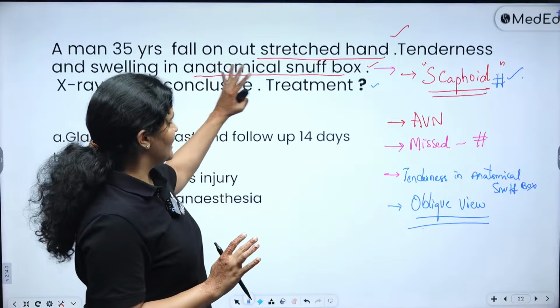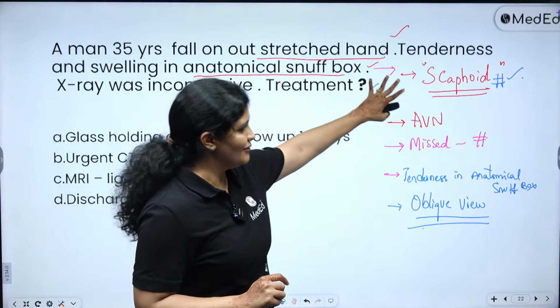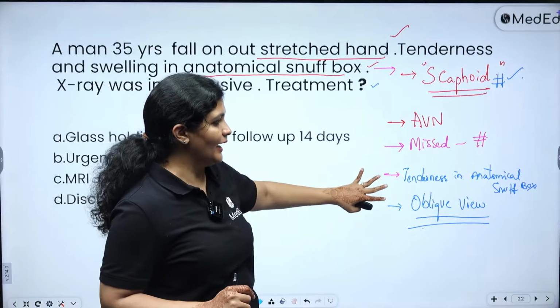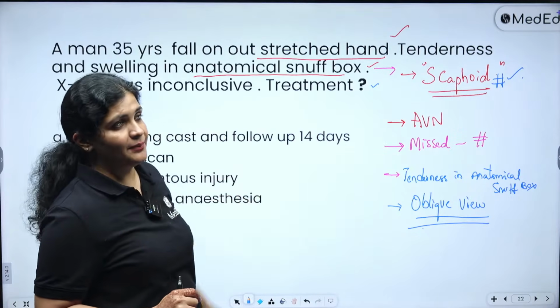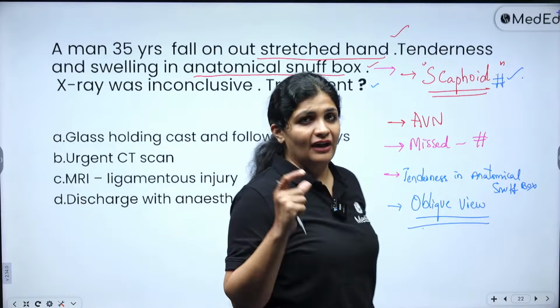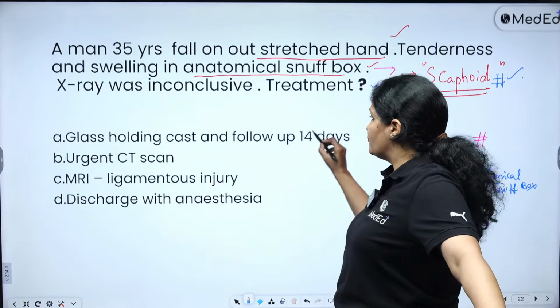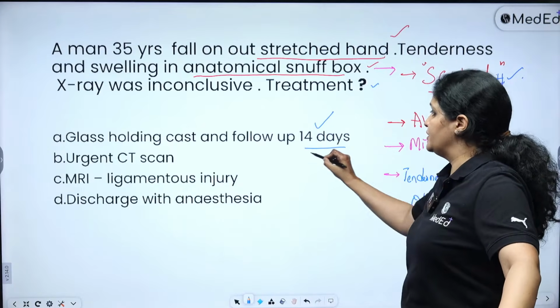Whenever there is a tenderness in the anatomical snuff box, you have to think of scaphoid fracture. And because the X-ray is not showing anything, what you have to do is put a cast, treating it as a fracture, and do a follow-up after 14 days.